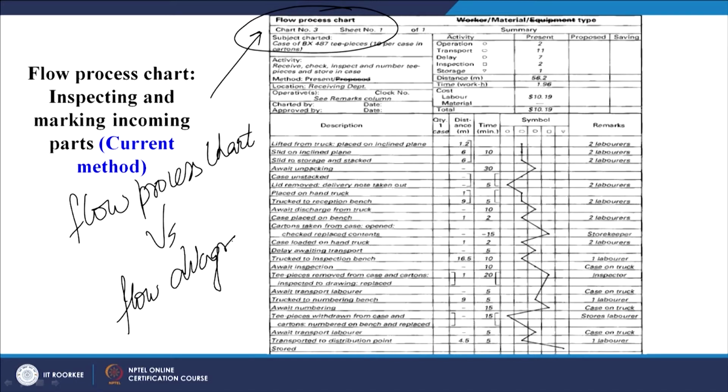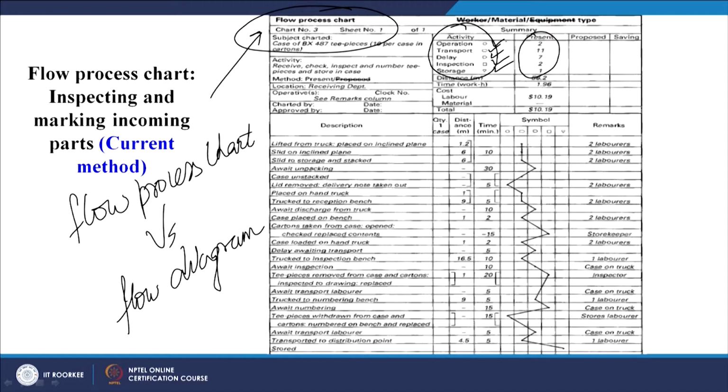You must be able to differentiate between the two. Now what is this? This is a flow process chart. So here we can see all the process chart symbols are used. We are using operation, transportation, delay, inspection and storage, and the number is also depicted here.